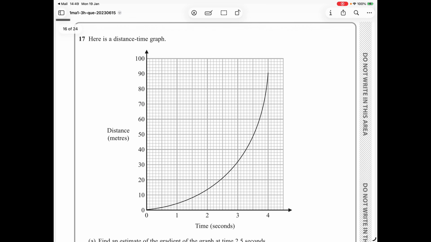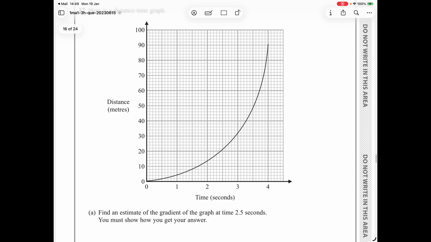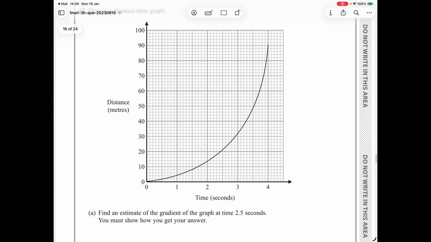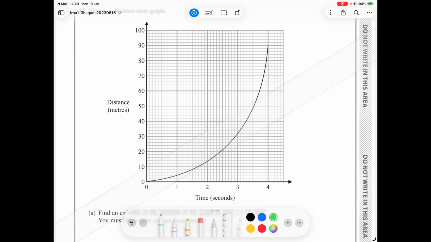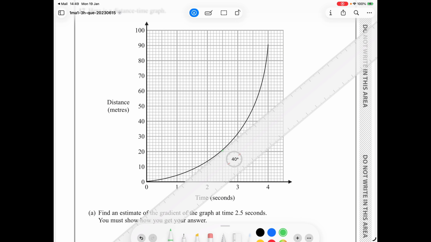Here's a distance time graph. Find an estimate of the gradient of the graph at 2.5 seconds. So here, and then I'm going to use a ruler again, because I don't think I can do this very well without.